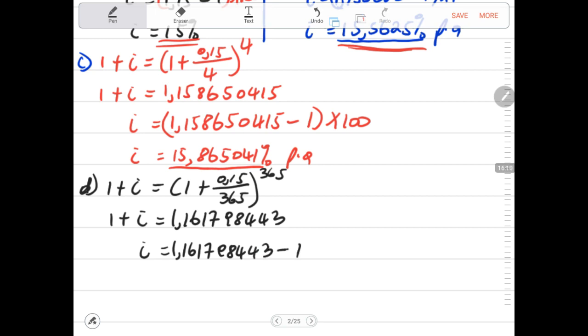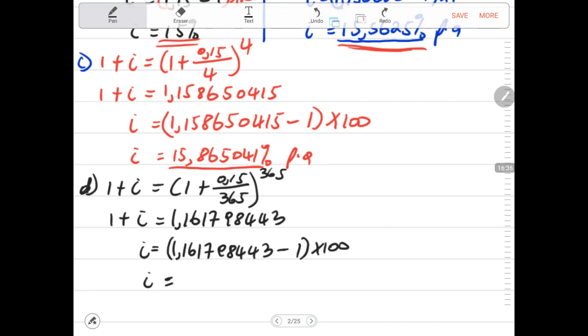Then now my I will be equal to 1.1617984 minus 1. Then now our interest is equal to, again, don't forget to put your brackets in there, multiply this by 100. Now remember, on the screen of the calculator I have these numbers. So if I have these numbers on my screen, what do I do? I just say minus 1 instead of retyping.